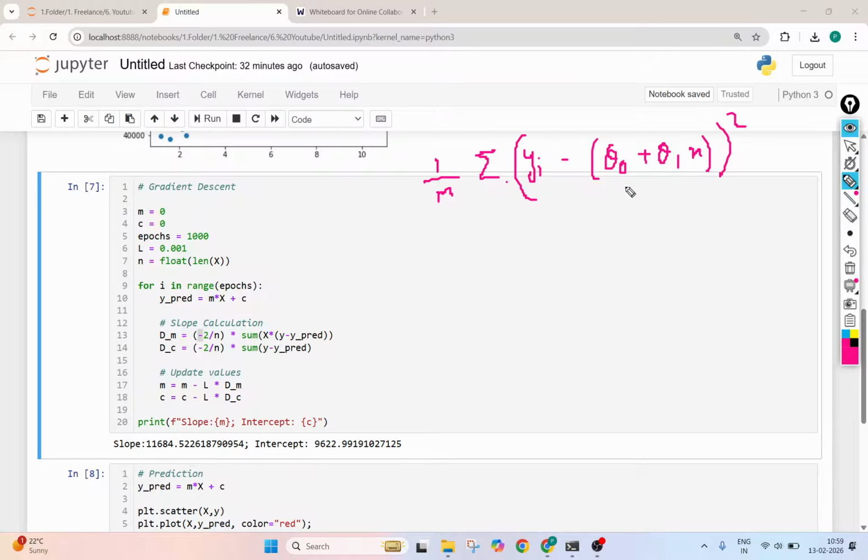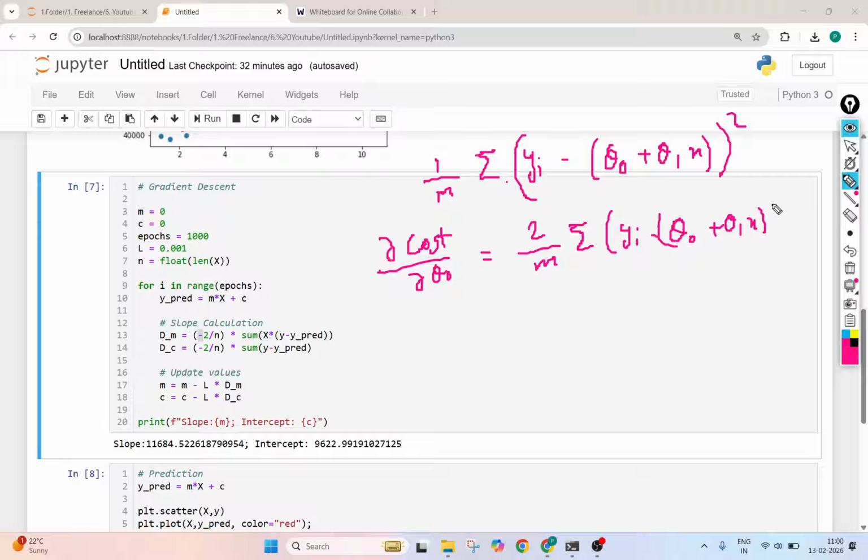So when we do the differentiation, let's say d cos d theta. What happens is, the first thing, 2 comes over here, 2 by m, summation, the entire equation then, yi minus theta naught plus theta 1 x into, when I look from linear way, theta naught basically has this minus.